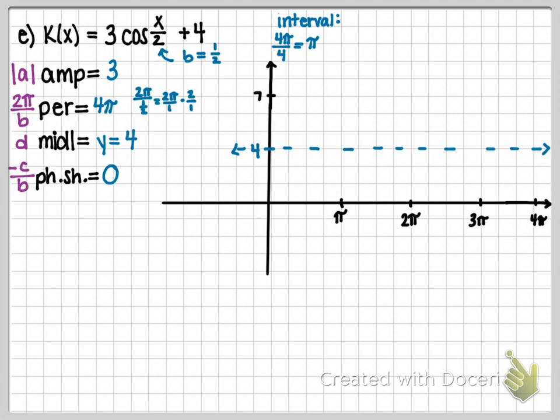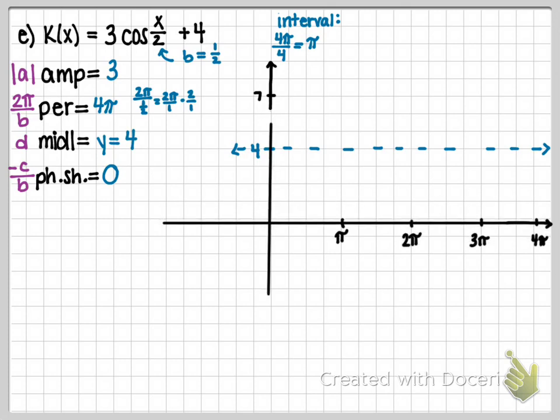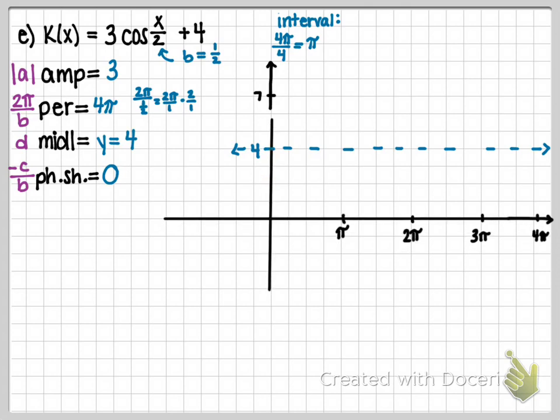I'll just move these so now they belong where they're supposed to. Let's see, up 3 from 4 is right there. Cool, set. And then 3 units down from 4 is going to be 1. That's where all my minimums are going to be.